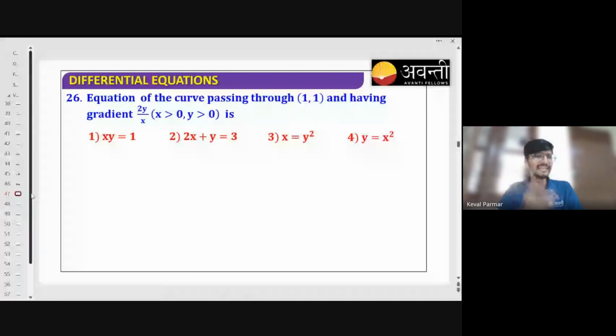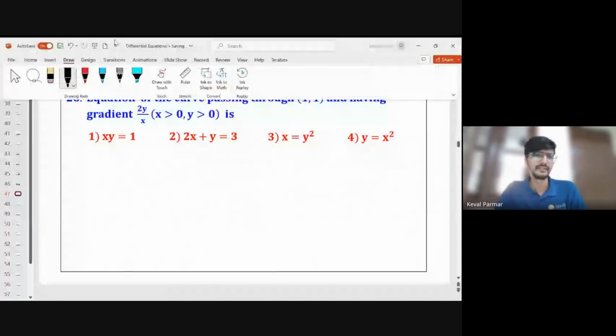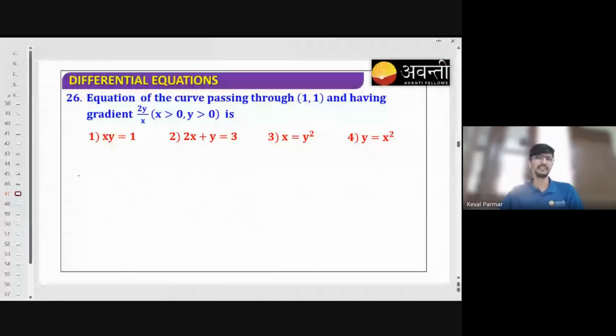This is a type of word problem you can see, but it is very, very simple. We have to find the equation of the curve passing through (1, 1) and having gradient. What do you mean by gradient? Gradient means slope. And we all know the slope is given by dy by dx equals 2y upon x.